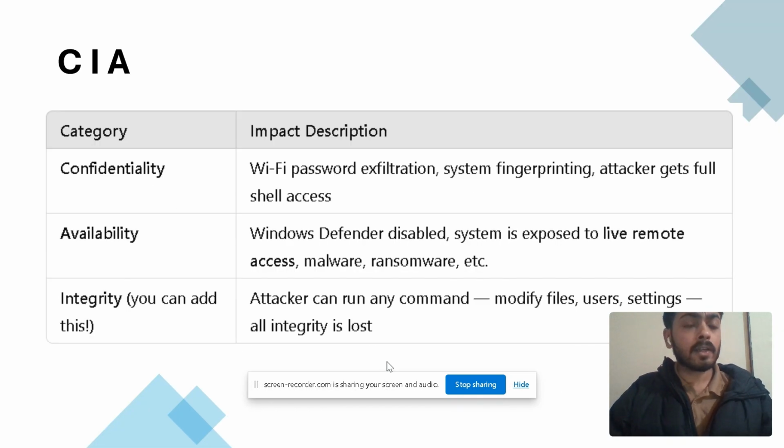It also violated the CIA triad, the confidentiality, availability, and integrity of the victim. The victim's information is leaked, his security controls are disabled, and he's completely exposed. For integrity, the attacker can run any command and has full control. He can just hijack and ask for money.